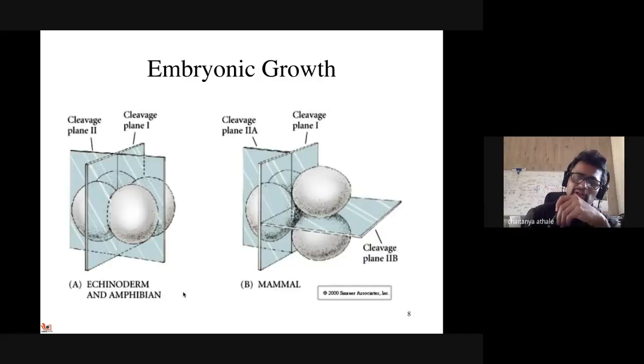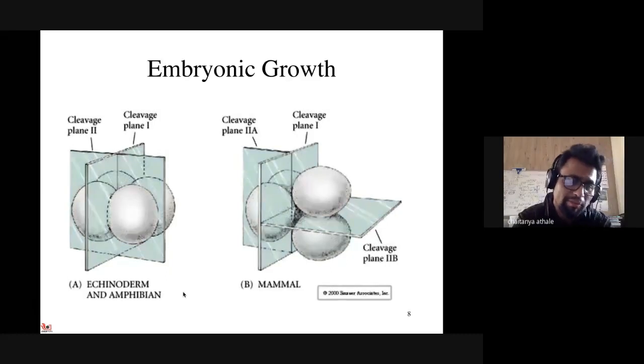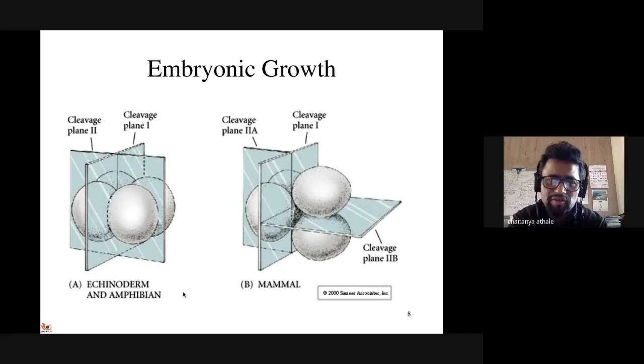So embryonic growth, at least in more primitive organisms, follows the kind of division patterns in the first 2 divisions, from 1 to 2 and 2 to 4, of orthogonal planes, 90-degree planes of division.